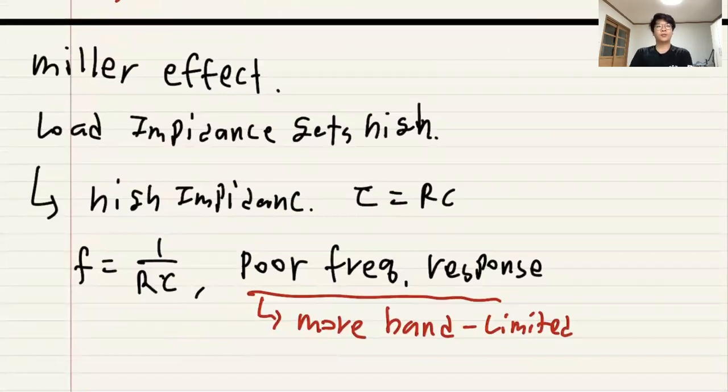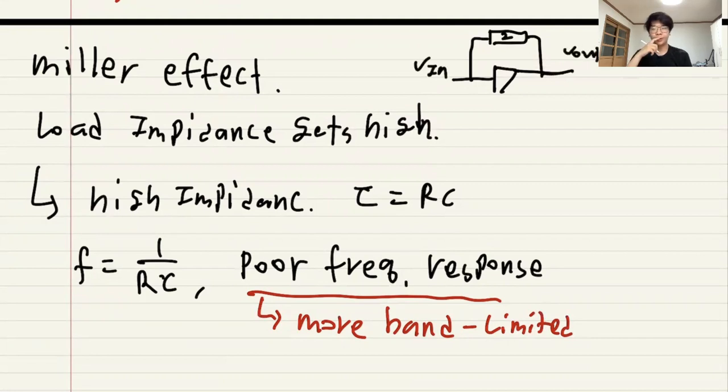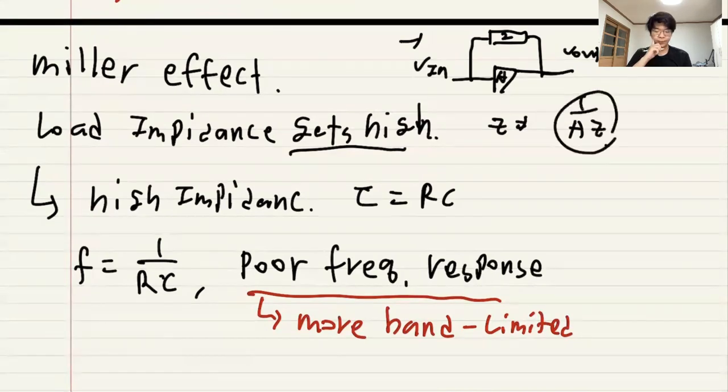There is a very important effect, which is the Miller effect. If you use a BJT or op amp, like here, with an input voltage and an output voltage, then from the input, the load impedance gets multiplied by the amplifier's gain, which means a higher impedance.